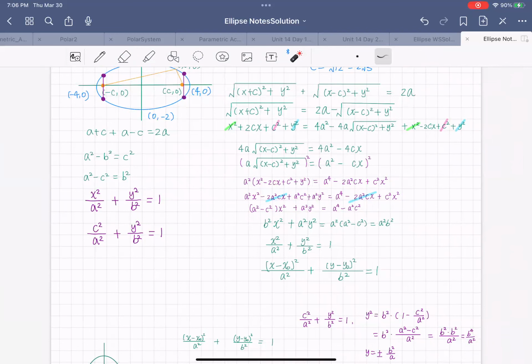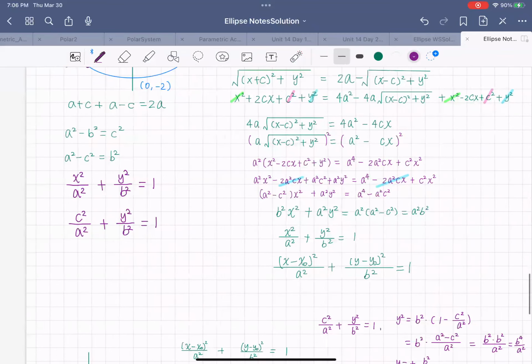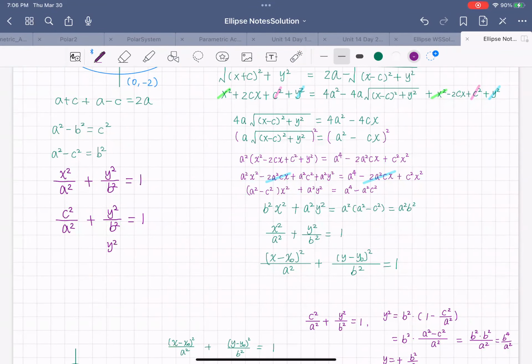So you plug in c here, and you move this guy to this side. So y squared over b squared equals 1 minus c squared over a squared, correct?